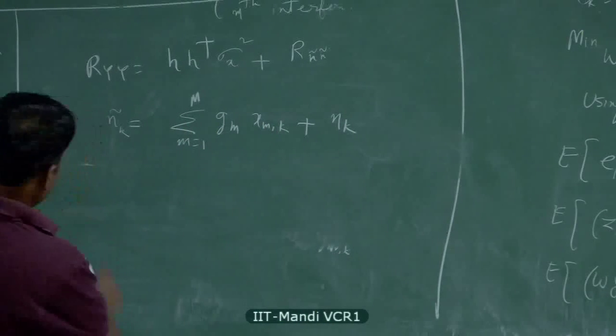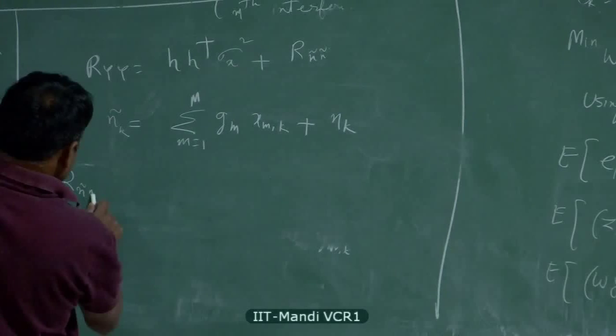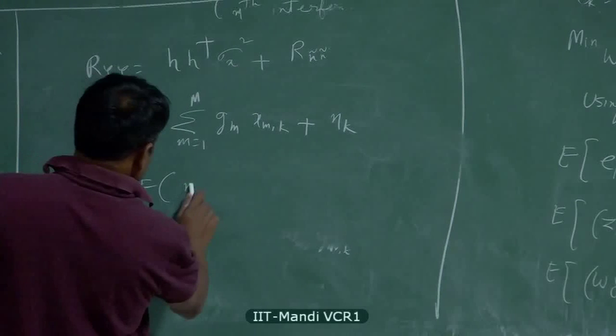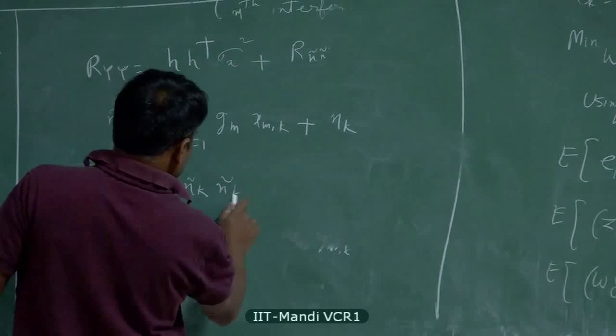Okay, and R n tilde is equal to the expected value of n tilde k times n tilde k Hermitian.